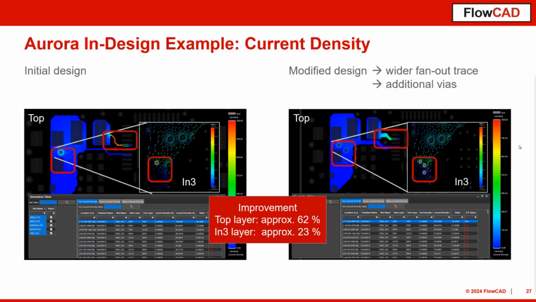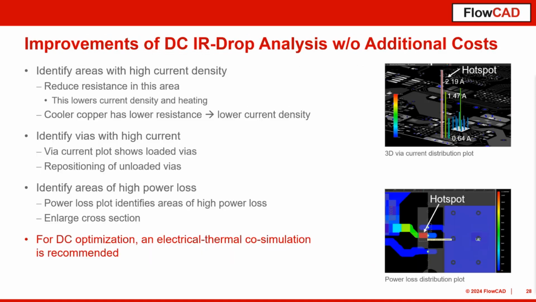And taking into account the via structures helps you to increase the reliability of your boards. If you only have a single via, that might get stressed very heavily over time, and by making changes or adding some more vias, that enables you to take away some of that stress.